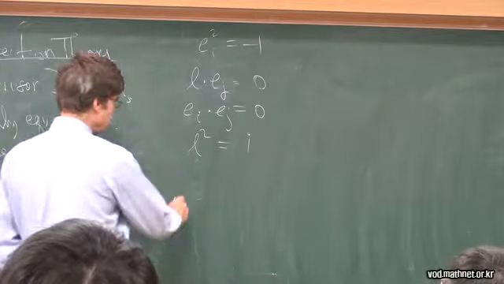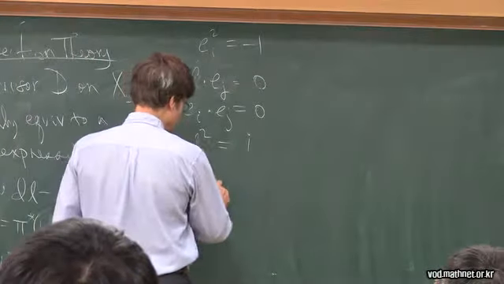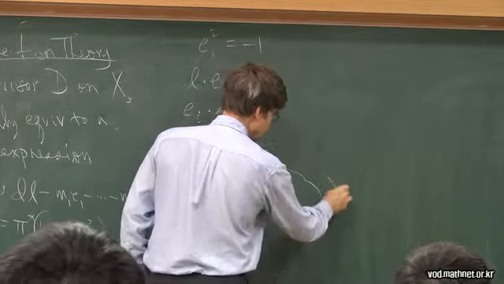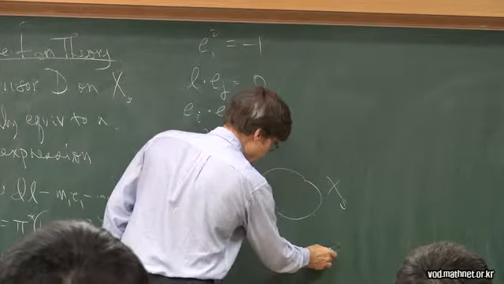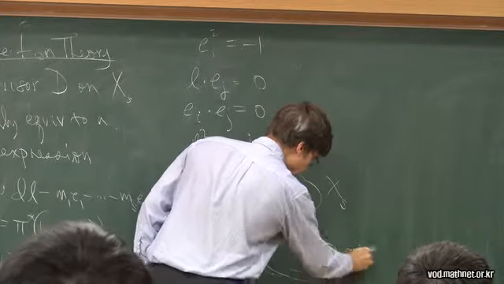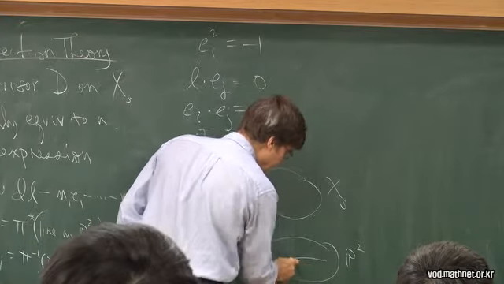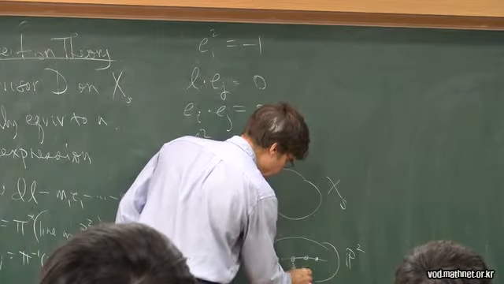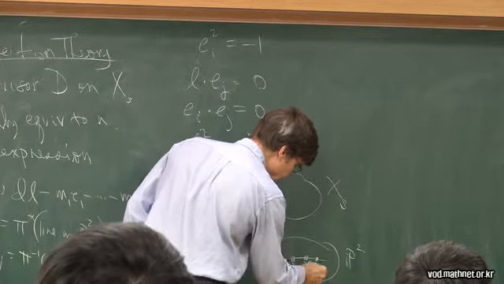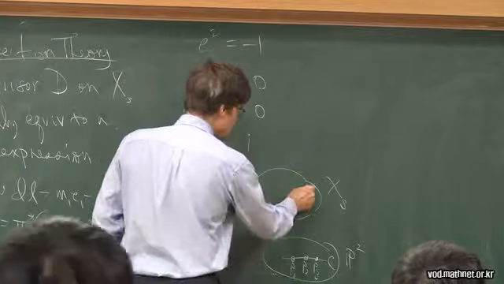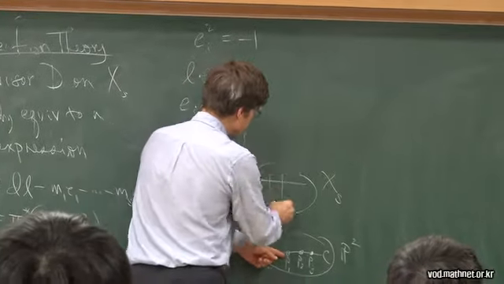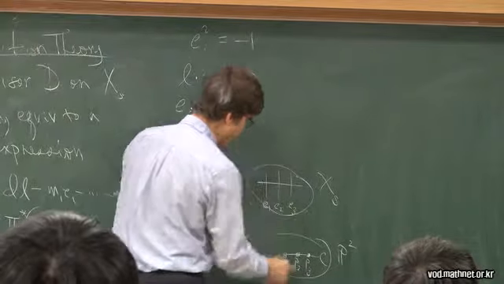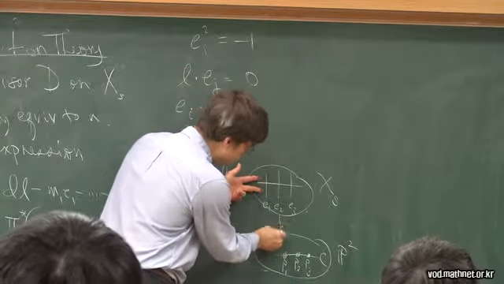As an example, here we have X, and here we have P2. Let's take a line through 3 points. If you blow up the points, you get E1, E2, and E3. That's the inverse image of the point.